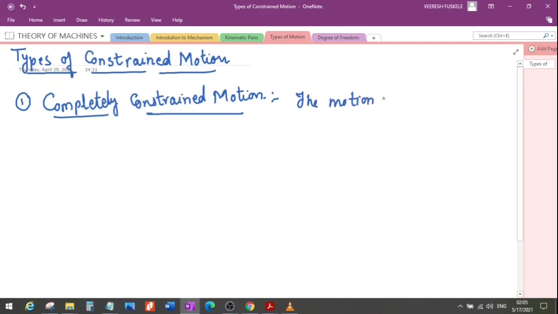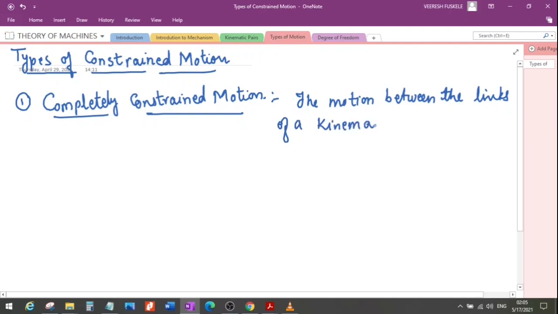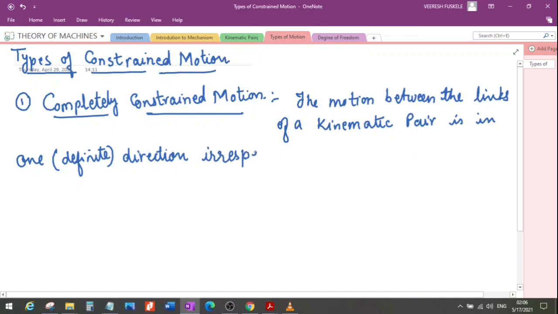The motion between the links of a kinematic pair is in one direction or definite direction, irrespective of the direction of force applied.